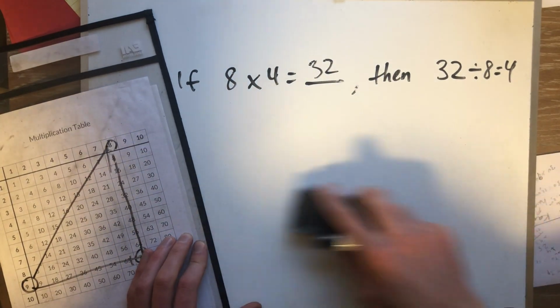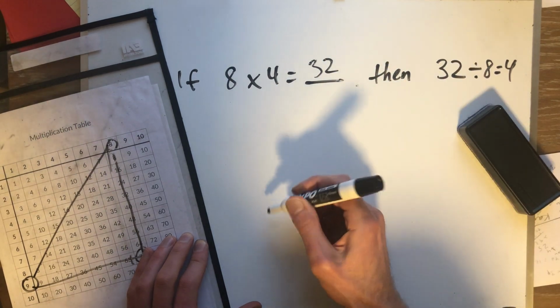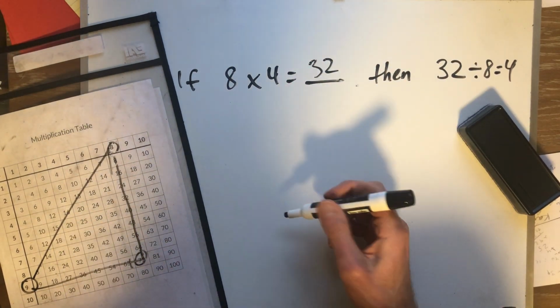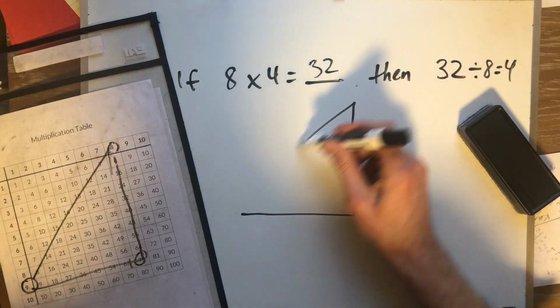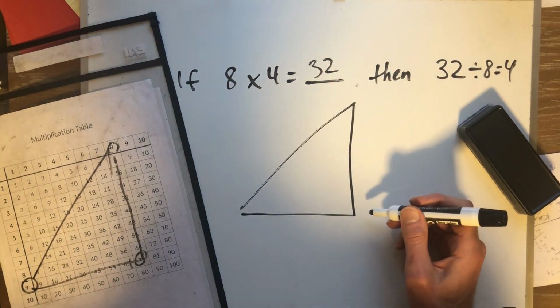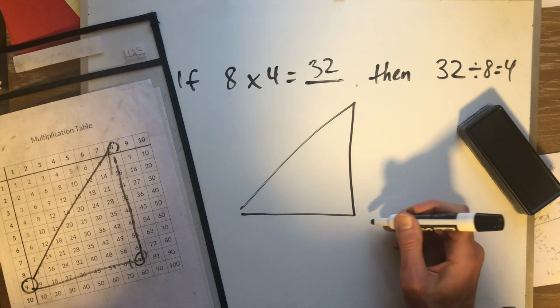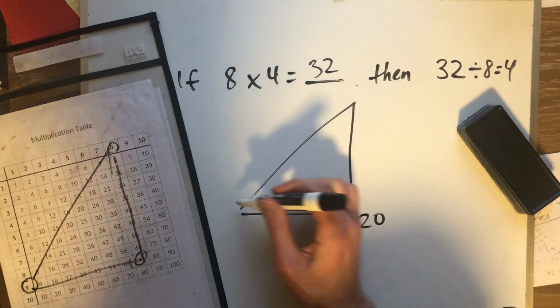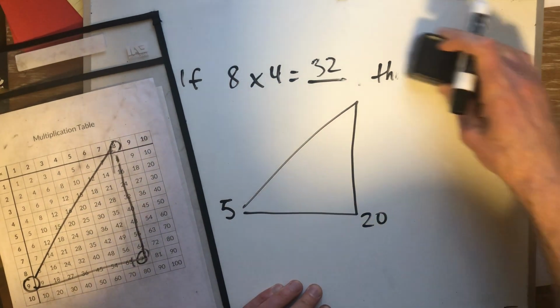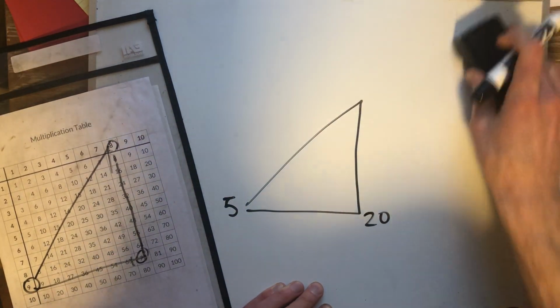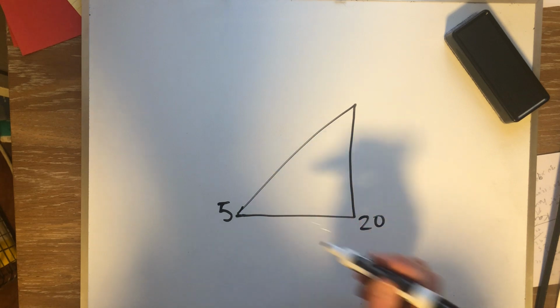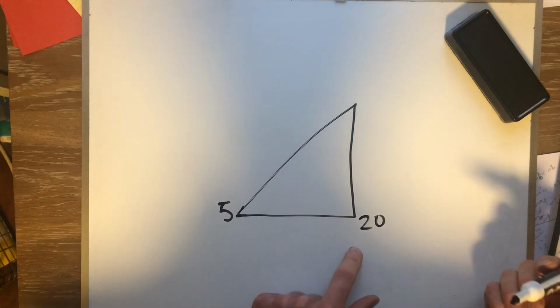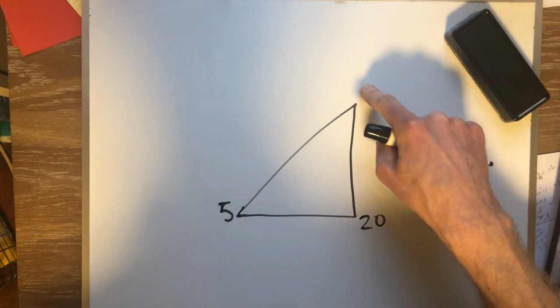So let's do another one. I'm just going to give you a set of three numbers and tell me if you can figure out which one's the missing number. I'm going to give you, let's say, 20 and 5. Which number is the missing number? Well, 20 divided by 5 is what?